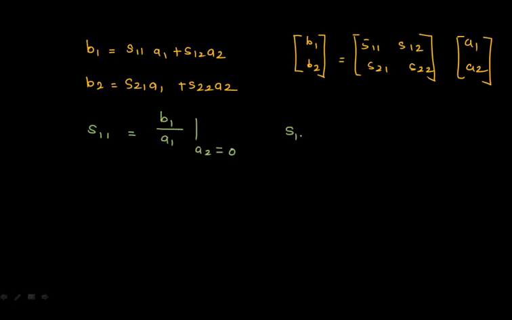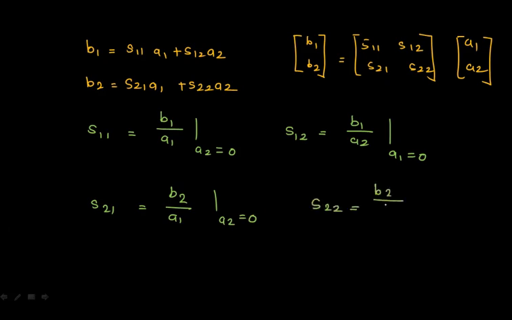What about S12? It will be B1 by A2 when A1 is equal to 0. What about S21? B2 by A1 when A2 is equal to 0. What about S22? B2 by A2 when A1 is equal to 0.